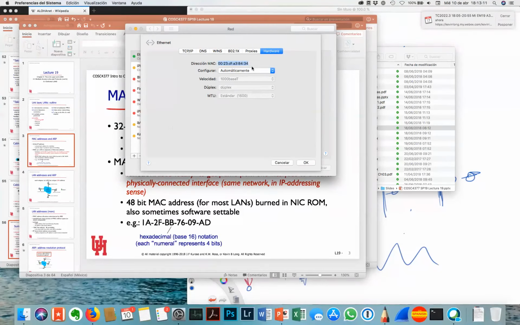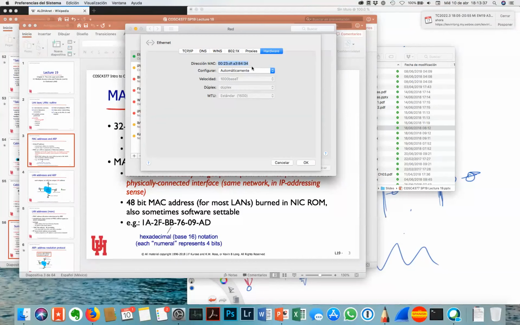And the first 3 bytes are assigned to the manufacturer, and then they assign all the combinations of the last 3 bytes worth of bits out to their devices. So it's quite a huge number. It's less likely to happen than you think. This particular type of MAC address is 48 bits, and that's mostly what we actually use these days.